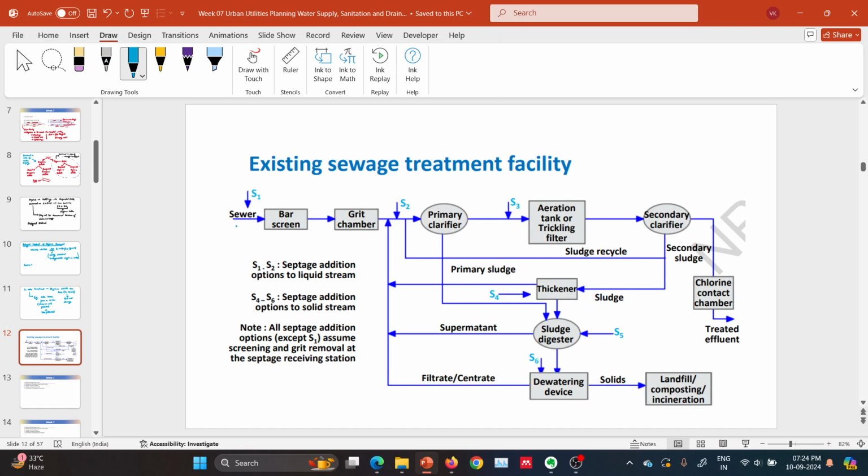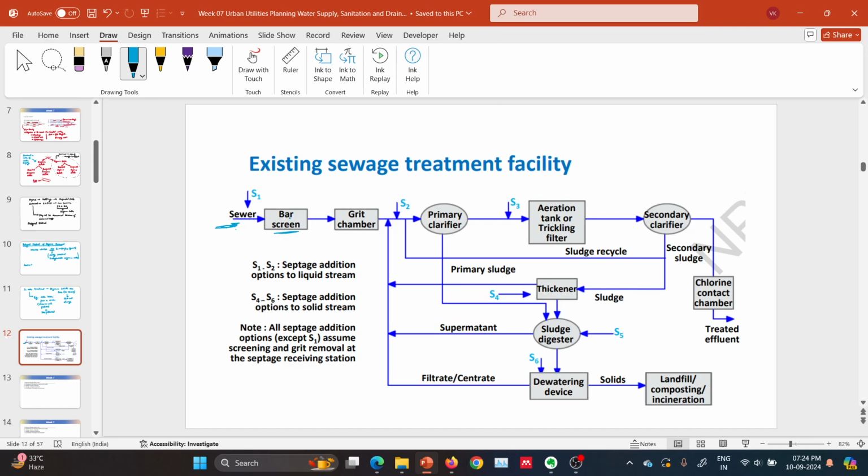So from these sewers, the sewage is being carried, and after being carried, it will pass through the bar screen. The bars are used; these are the coarse screens.